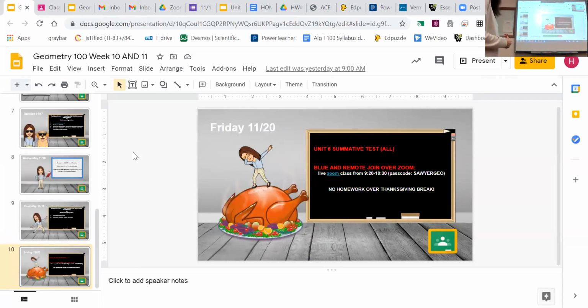And then on Friday, everyone will take the test so that you can then leave and go on vacation, we'll have finished the unit, and take the week off, okay? So that does mean the blue group will have to zoom in and take it. Okay, so that's just kind of the plan.